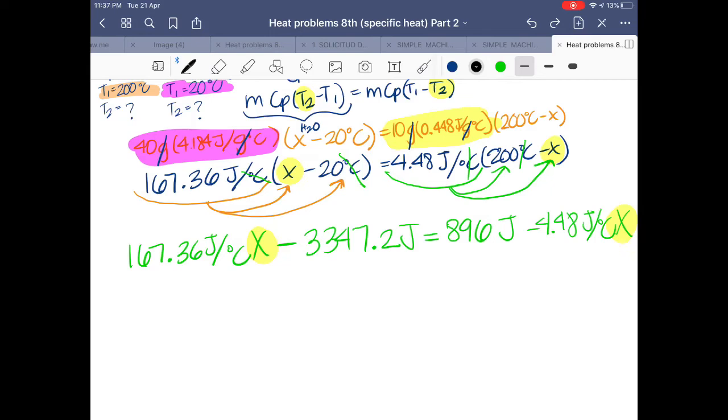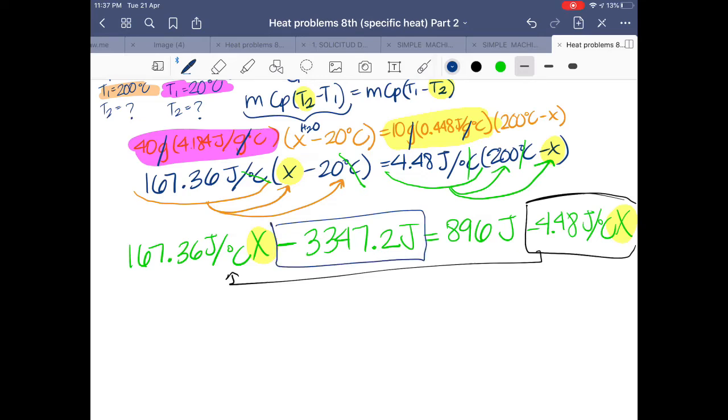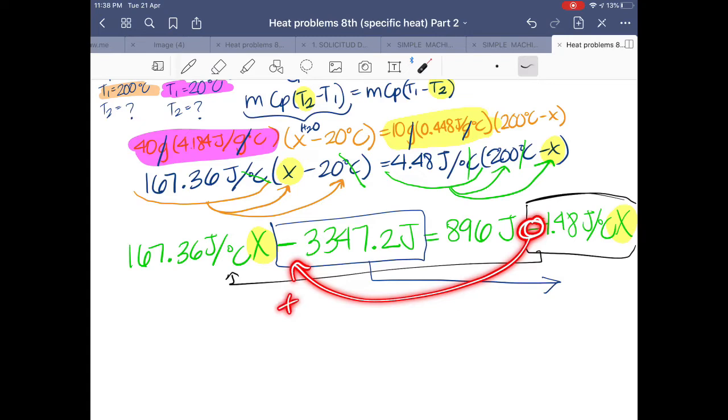The next step is to put the variables in the same side of the equation, the corresponding variables. So this one that has the x, I'll bring it to this side, and this one without an x, I'll bring it to this side. Now, as you can see, this one is subtracting, so I'll pass it to the other side adding. This one is subtracting, so I'll pass it to the other side adding.